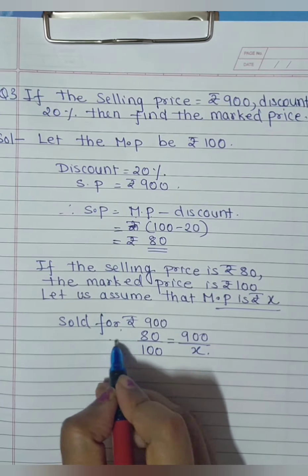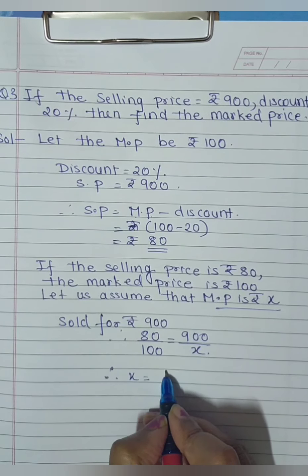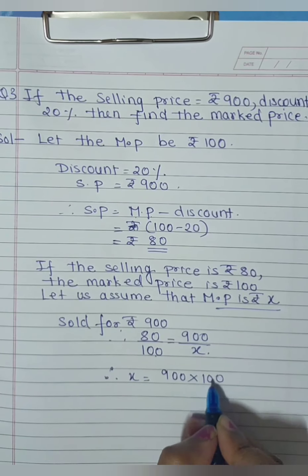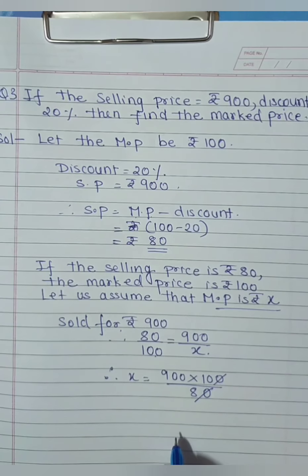Therefore X is equal to 900 multiplied by 100 upon 80. Both zeros get cancelled.